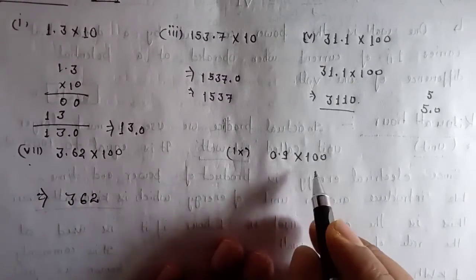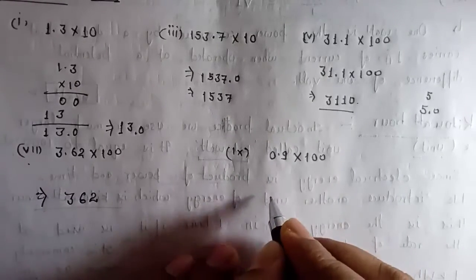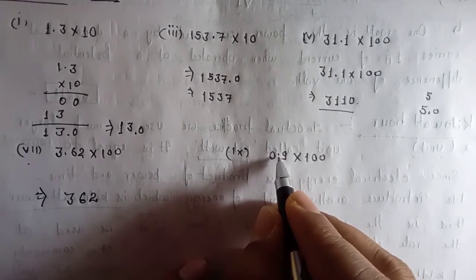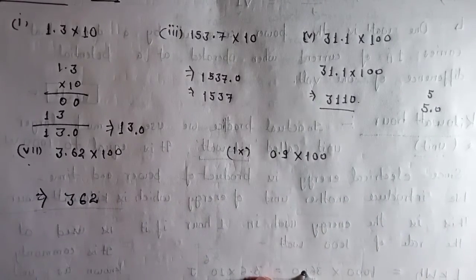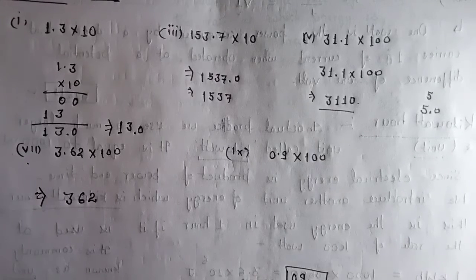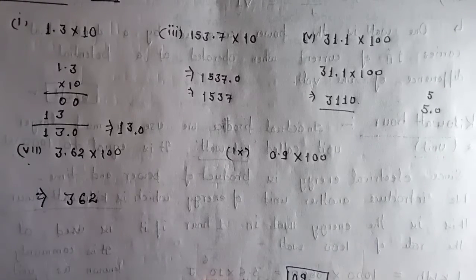When this 0.9 is multiplied by 100, it becomes what? You have to carry this decimal point two places right hand side. When you carry this decimal point one digit, it becomes 9. And now you tell me how to carry two places, because there is only one place. So you can add a 0 there and you can put your sign here.